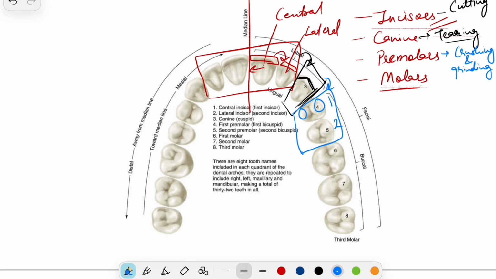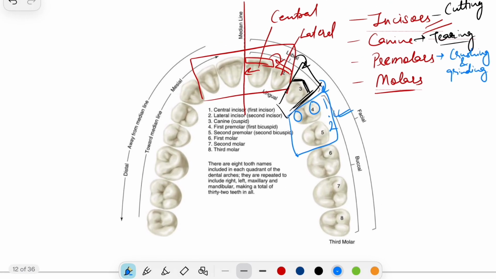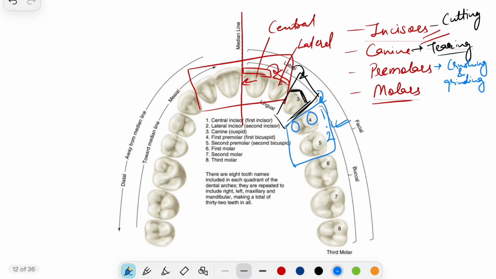Now, an important point regarding the premolars is that premolars are absent in primary dentition, and the primary molars are later replaced by the permanent premolars.